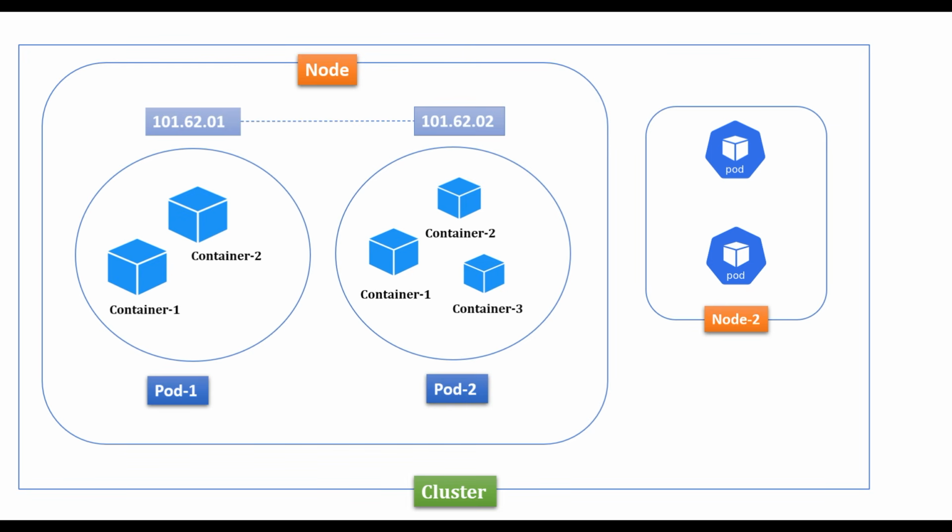Okay, now if you try to understand from the backward direction, we have a cluster, and inside the cluster we can have a single node or multiple nodes, and inside each node you can have a single pod or multiple pods, and inside a pod you can have either a single container or multiple containers. Okay, so at a high level we understand what is pod, node and cluster, right?